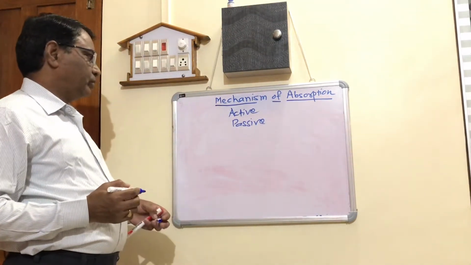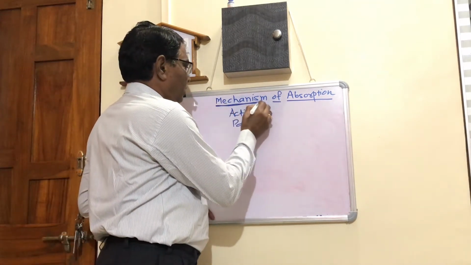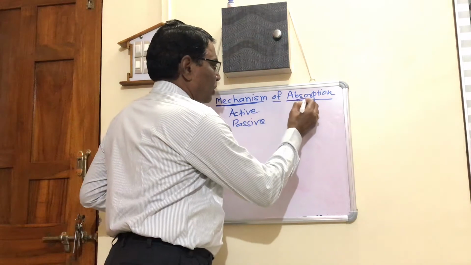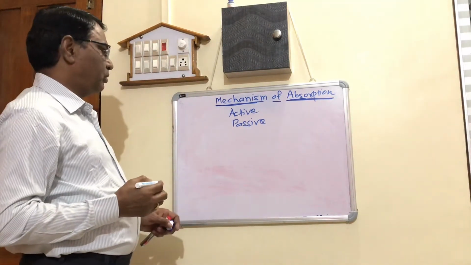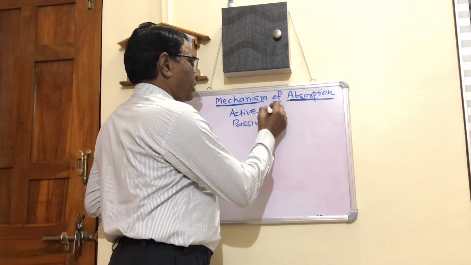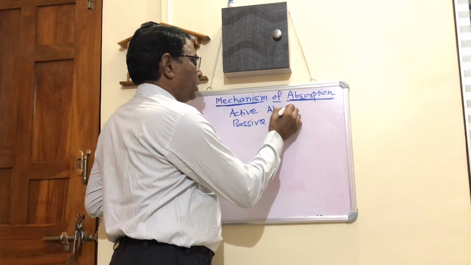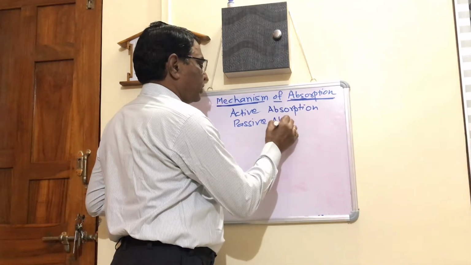According to a number of plant physiologists, the absorption of water in plants takes place by two different methods. One is active absorption and the second one is passive absorption.